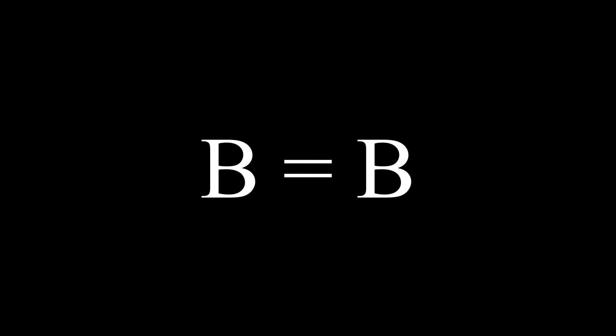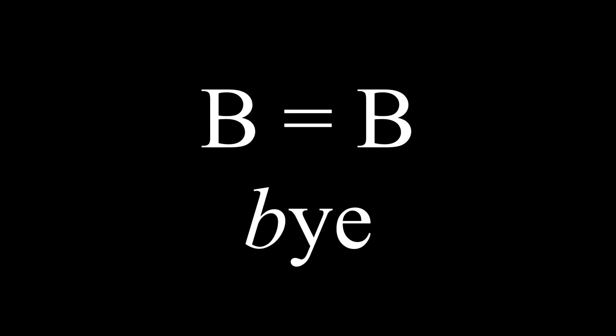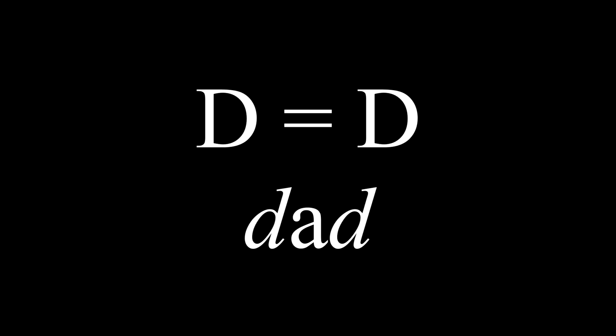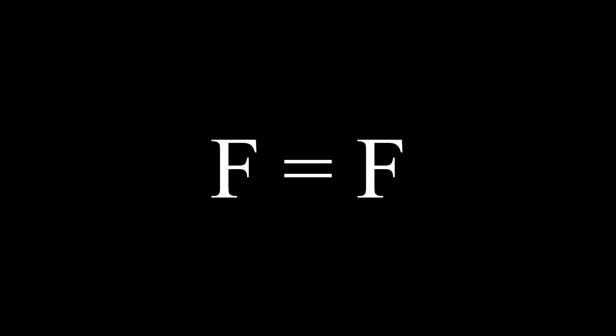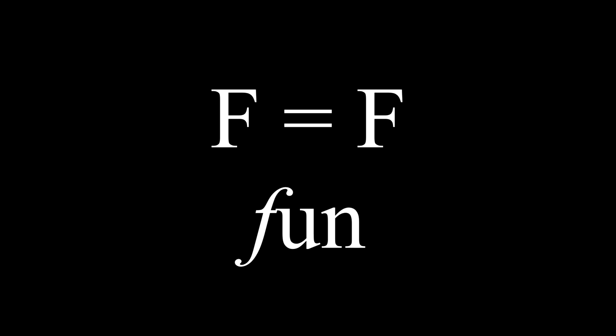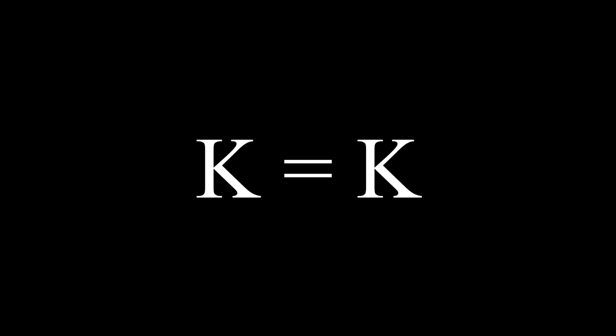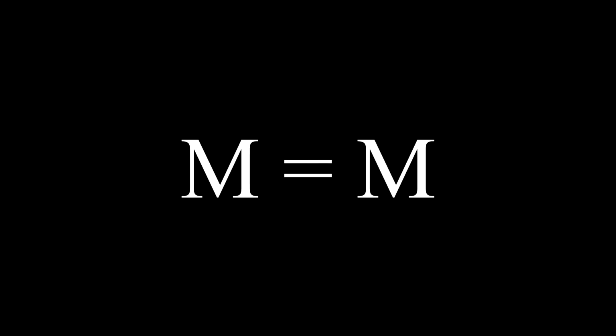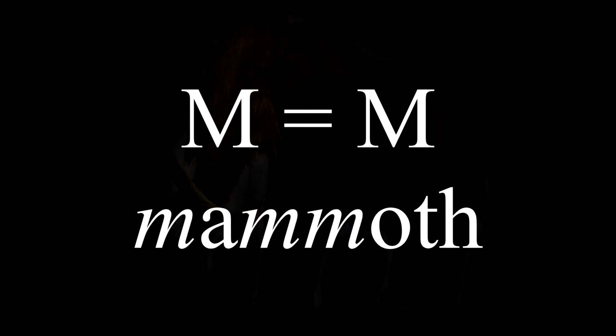There are a bunch of consonants that will be pronounced as you might expect. B will be pronounced B, as in by. D will be pronounced D, as in dad. F will be pronounced F, as in fun. K will be pronounced K, as in kite. M will be pronounced M, as in mammoth.